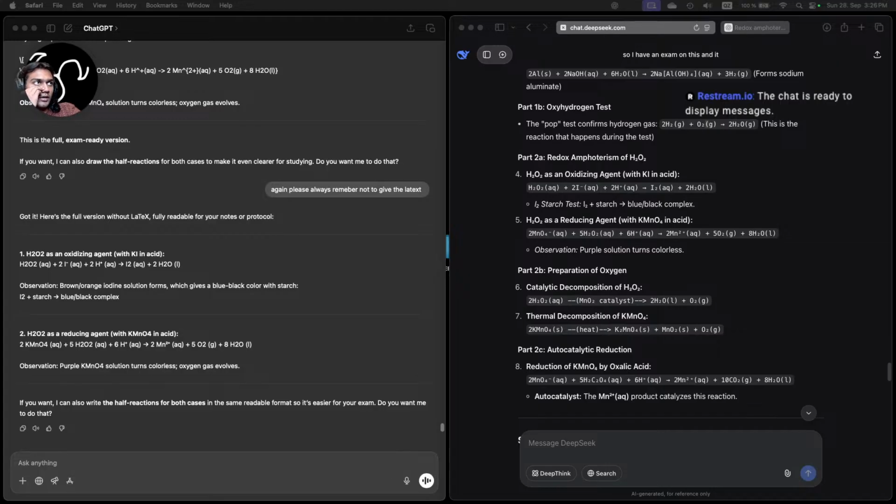Okay, that's done. Now, again, starting from the beginning. What are the equations? Zinc plus HCl. Aluminium plus HCl. Aluminium plus NaOH. Iron plus H2SO4. Amphoteric.